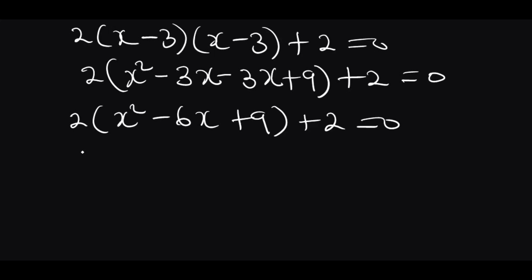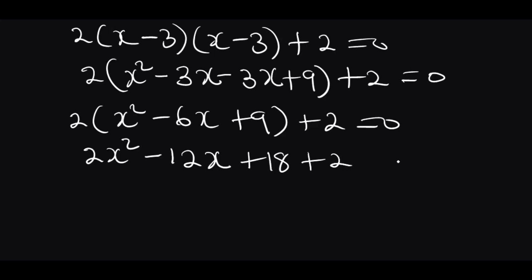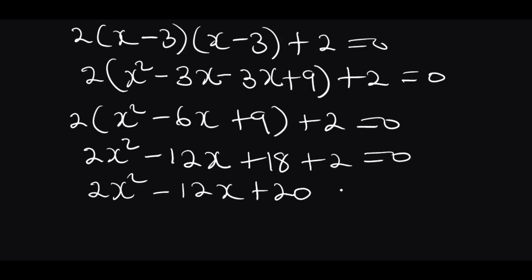We will have 2 times x squared, which is 2x squared, 2 times negative 6x, that is negative 12x, 2 times 9, that is positive 18, plus 2 equals to 0. Right, now we have 2x squared minus 12x plus 20 equals to 0.